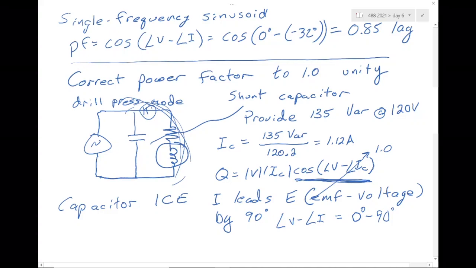Minus 90 degrees. And here's my error right here. Just going to point it out to you, and I'm going to correct it.